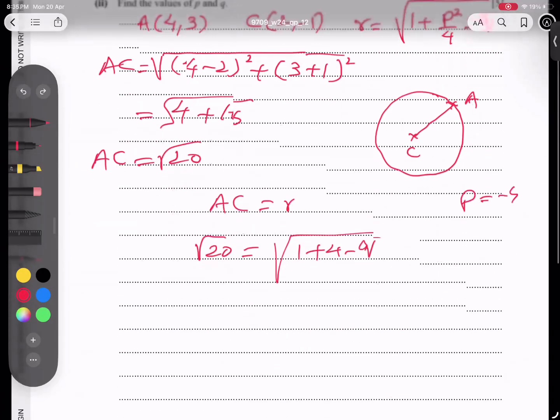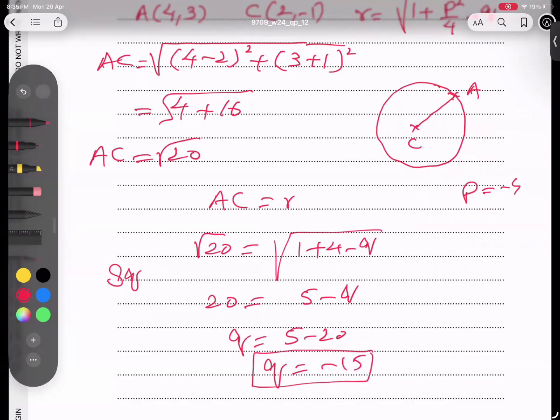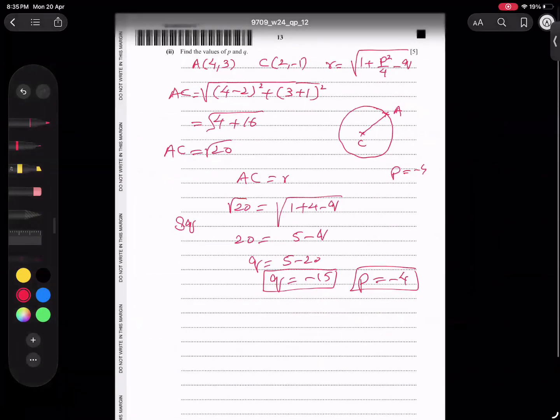Okay, and root 20, squaring both sides, the root will eliminate automatically. And I'm getting 5 minus q, and q comes this way. The q value I'm getting here is -15. So Alhamdulillah Rabbil Alameen, p is -4 and q is -15, and we have done it. And the question is completely over.